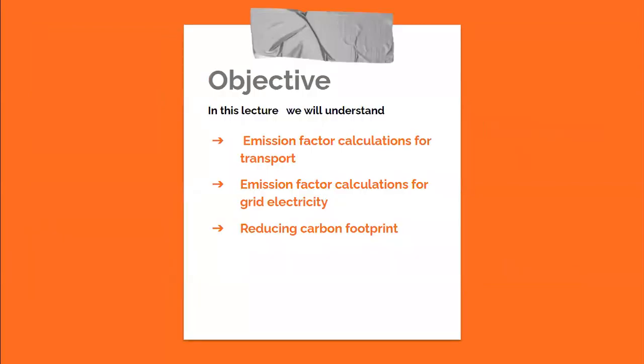So the objective is to understand the emission factor calculations for transport, to understand the emission factor calculations for grid electricity, and also to demonstrate how the carbon footprint reduction can happen by improving the efficiency in transport and grid electricity.